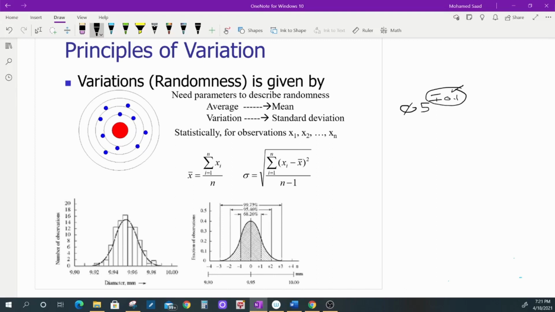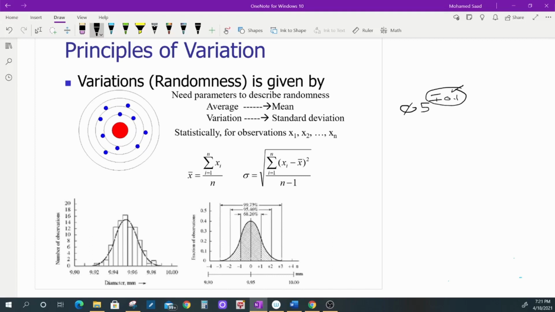manufacturing processes, conventional or non-conventional, have some source of variation, and these sources can be the vibration in the system, the guideway errors, the perpendicularity between guideway and spindle axis, or many sources that can generate variation from one part to another.